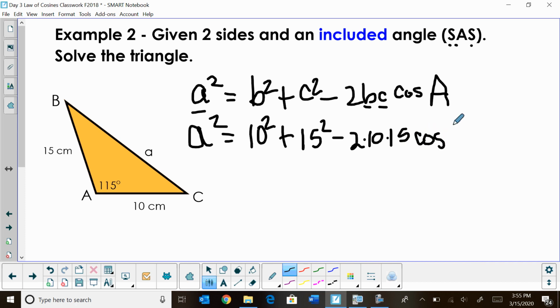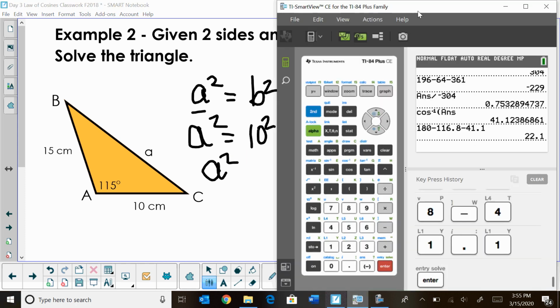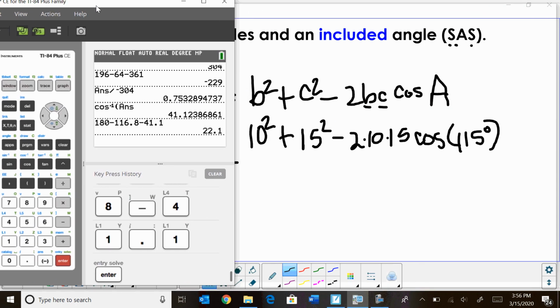But what do we know? We know A is 115 degrees. So now, if you notice, there's no working backwards on this one. We can just solve for A squared. So let's grab our calculators and just type this out.